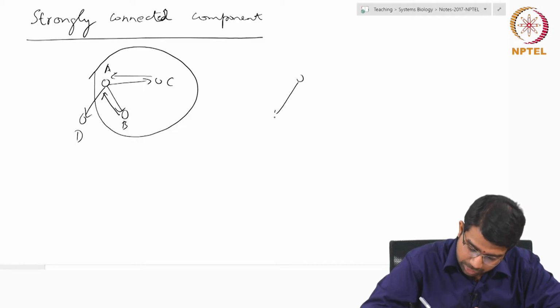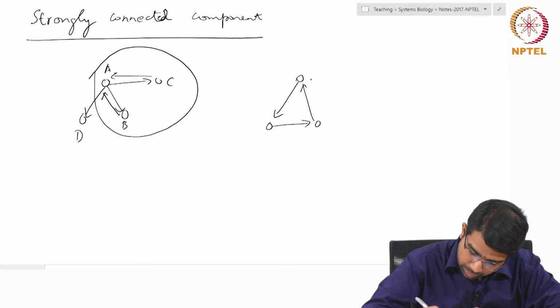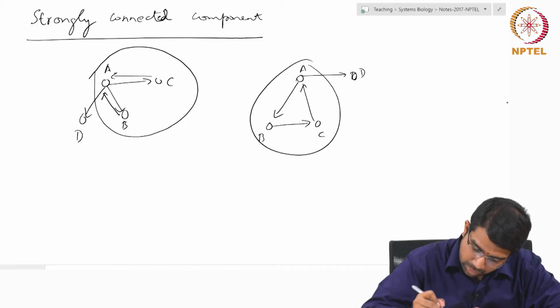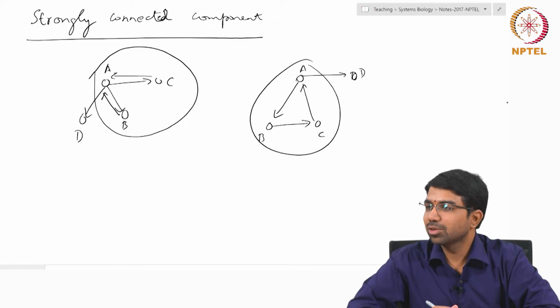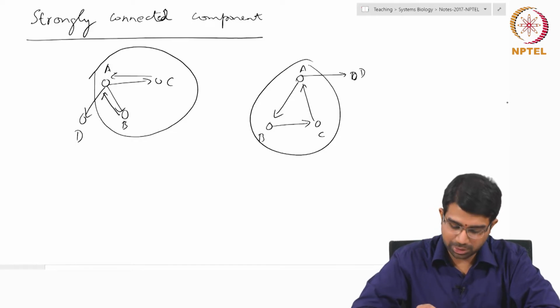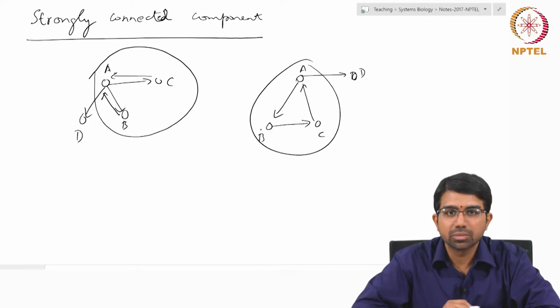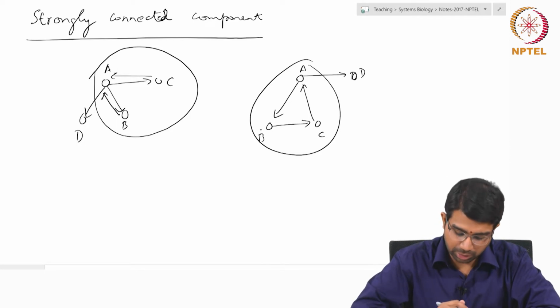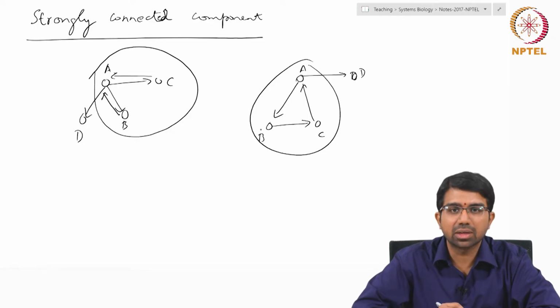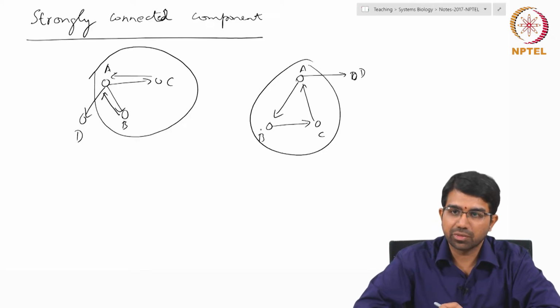Another simple way would be: if you have a cycle, you automatically have a strongly connected component. You have a path from A to B, B to A, B to C, C to B, and so on. That brings us to the definition of a cyclic versus an acyclic graph.